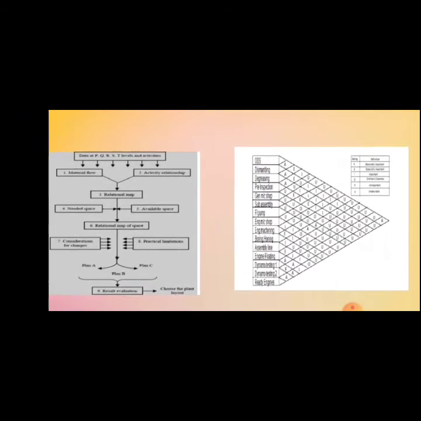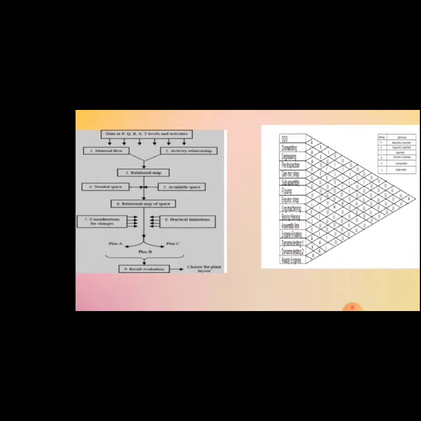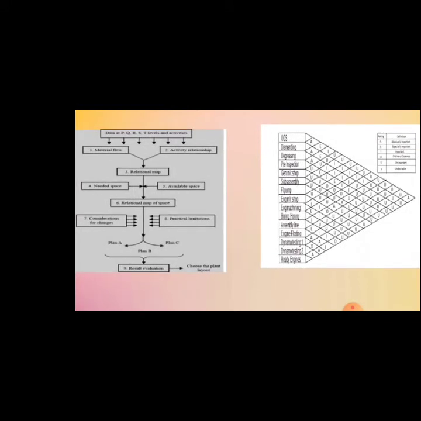We can affect the relationships that are undesirable, represented by X, or U, which is unimportant for the optimization. After the activity relationship is prepared, they prepare the relationship map, or the precedence map. Then they see what the available space actually is and what space is needed.